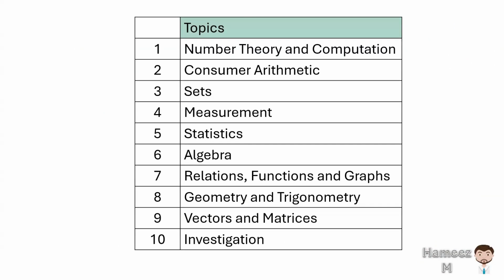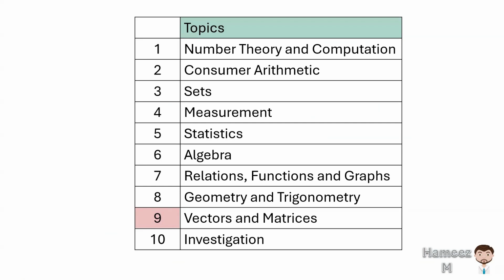This is the list of topics being considered for our CSEC assessment. What are we looking at? Number 9, vectors and matrices. And in vectors and matrices, with the new syllabus, there are now 3 modules in which the syllabus has been revamped, and you can write all 3 modules together, or each module individually, or a pair at a time.